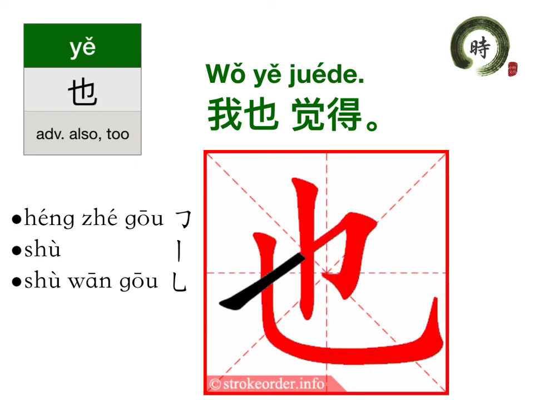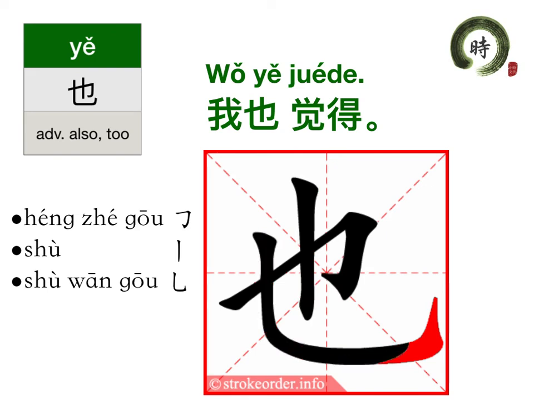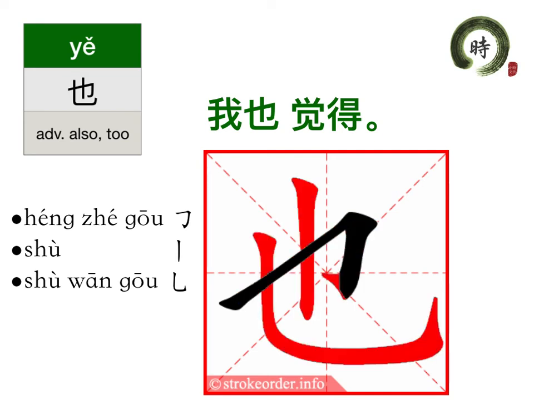It only has 3 strokes. 横折钩，竖，竖弯钩. And now could you please repeat this sentence, which means I think so too. It is 我也觉得。Well done.